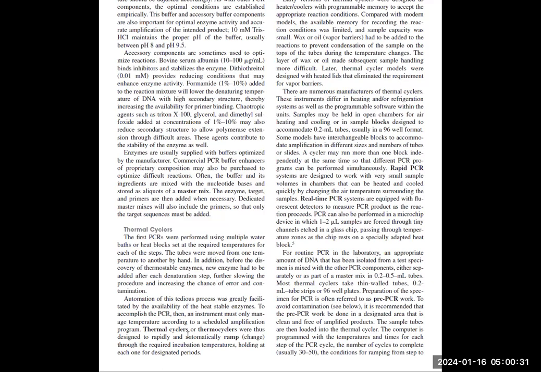From 90 to 96, and after 20 to 60 seconds it can change to 50 to 70, staying for 20 to 90 seconds, and then it will have 68 to 75 for the extension for 10 to 60 seconds. See that rapid change of temperature, guys. This is offered by our thermal cyclers.